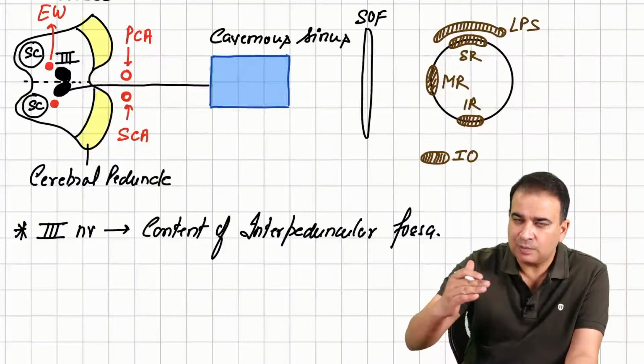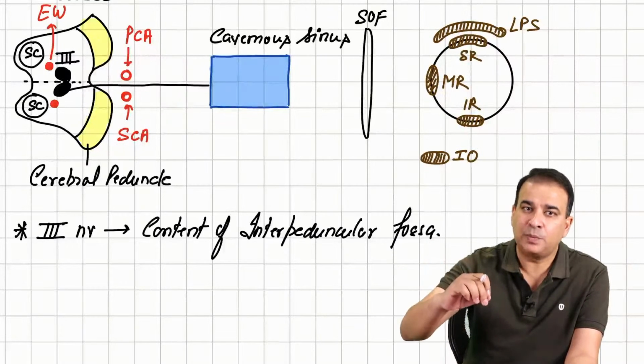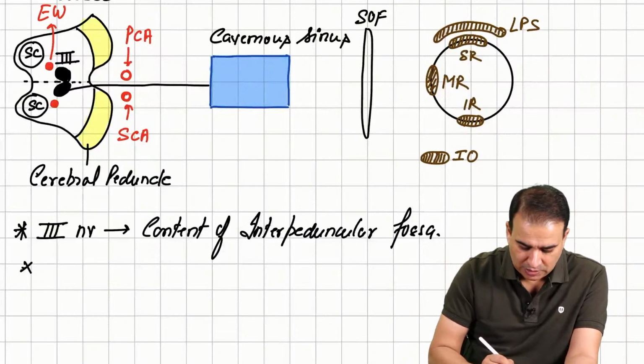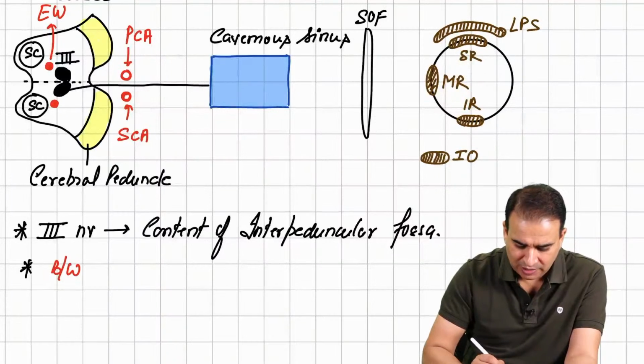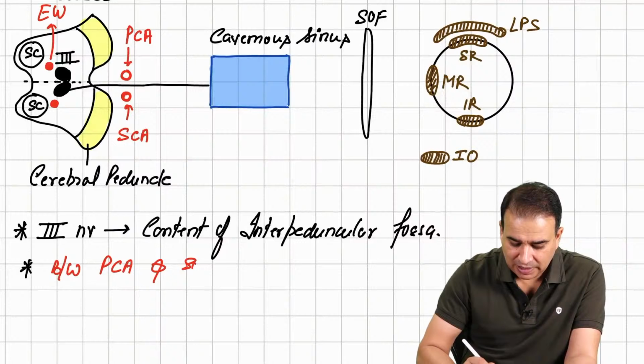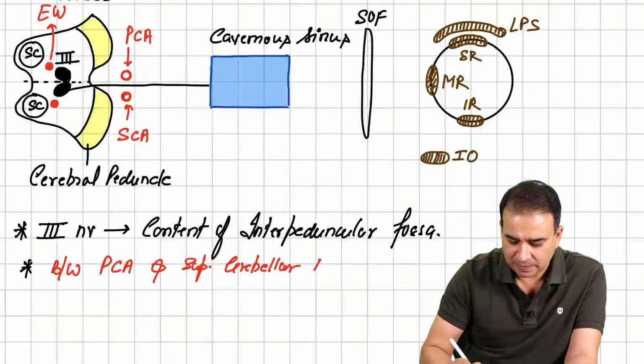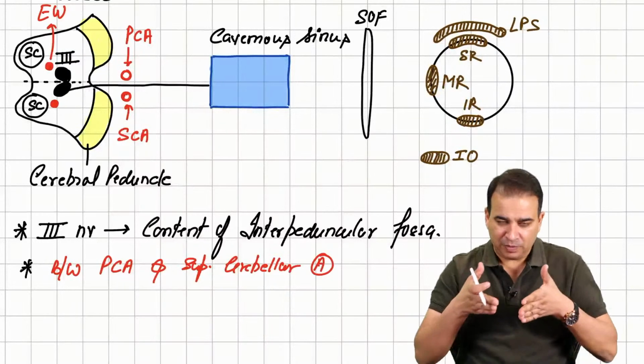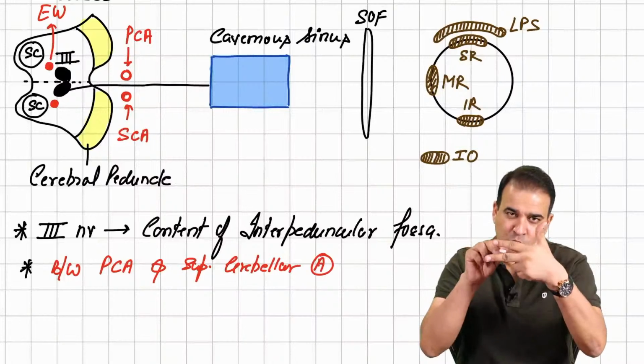When the fourth nerve comes out of the brainstem, it also passes between the posterior cerebral and superior cerebellar arteries. So another point to be noted: it runs between which two arteries? The PCA, that is the posterior cerebral artery, and the SCA, which stands for superior cerebellar artery. The third nerve, when it leaves the midbrain from the interpeduncular fossa, runs between these two arteries.